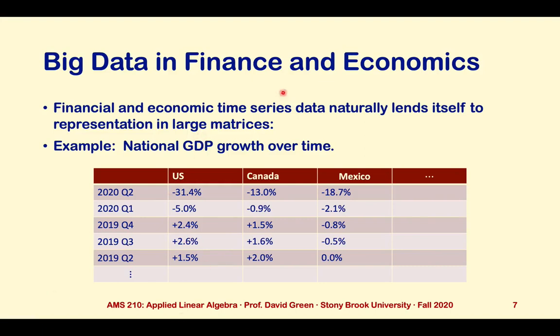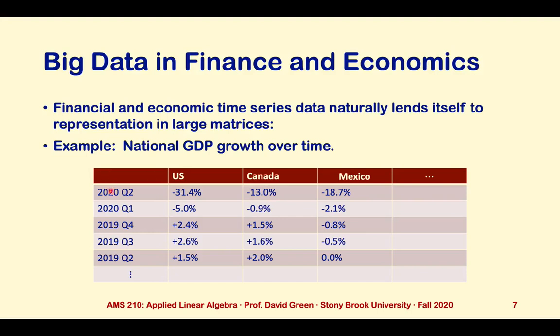And we may have columns for different countries. Here shown for North America, the US, Canada, and Mexico, but we could extend this to, again, as many countries as we have data for, into the hundreds. Financial data can be expressed in a similar way.